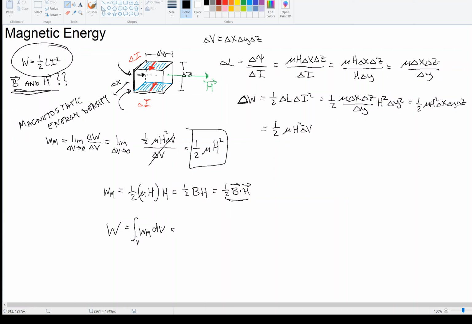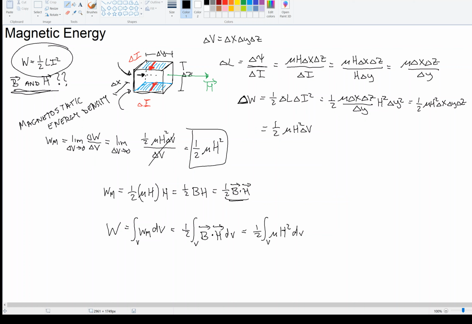Now we're just going to integrate point by point over the volume, and then we have the total energy. So this is 1/2 integral over the volume of B dot H dV, and I can write that as 1/2 mu H squared, again, because they're parallel. And that's it. That's the total energy in a volume, V. I guess I should add the subscript down here, V.